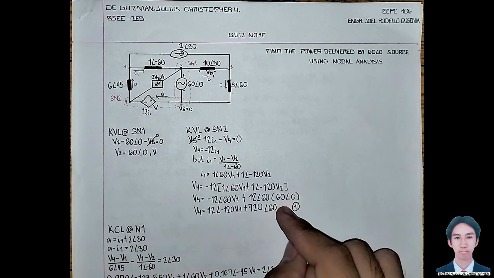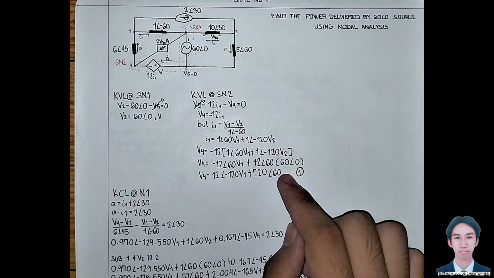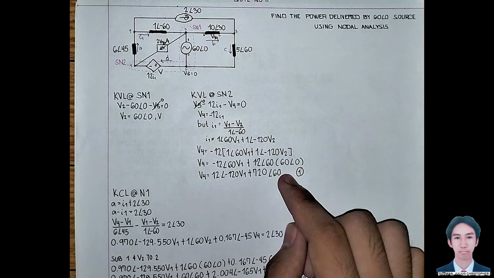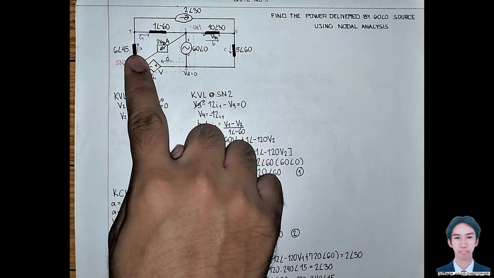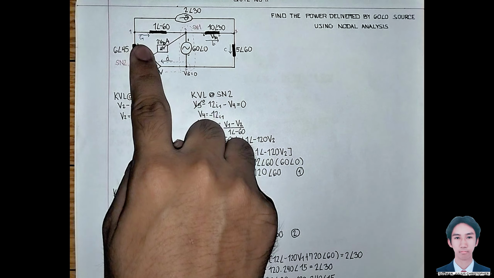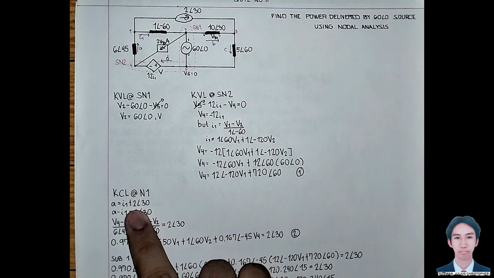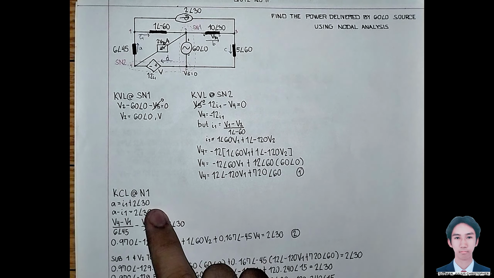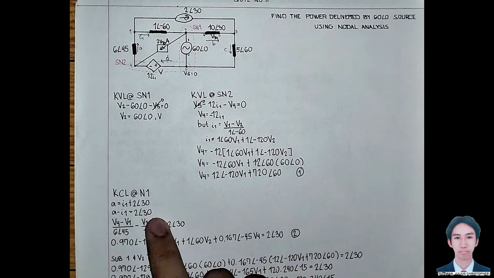Now let's use KCL at node 1, wherein the currents entering is equal to currents exiting the terminal. The current entering is only A, and the currents exiting node 1 are I1 and 2∠30°. That's now our equation: A is equal to I1 plus 2∠30°. Transposing I1, A minus I1 is equal to 2∠30°.